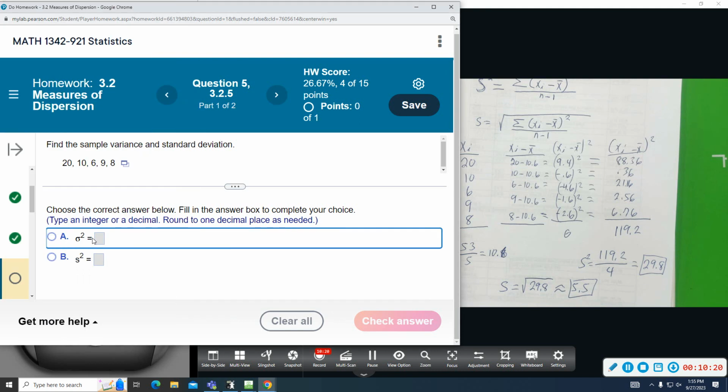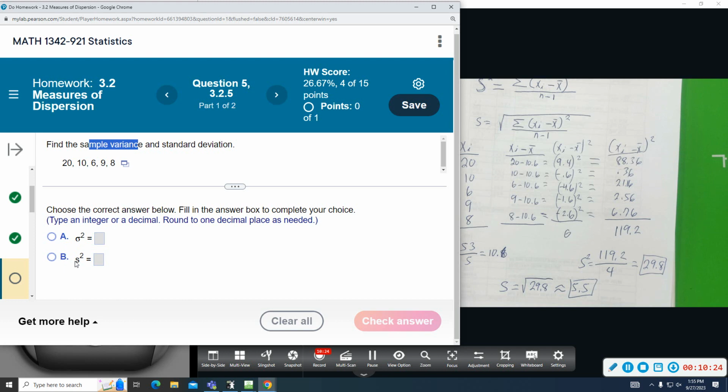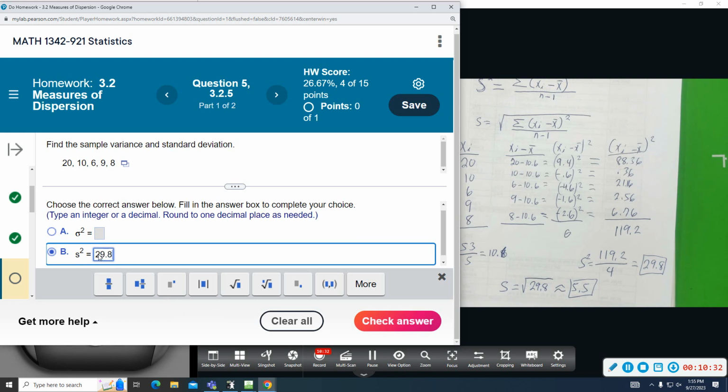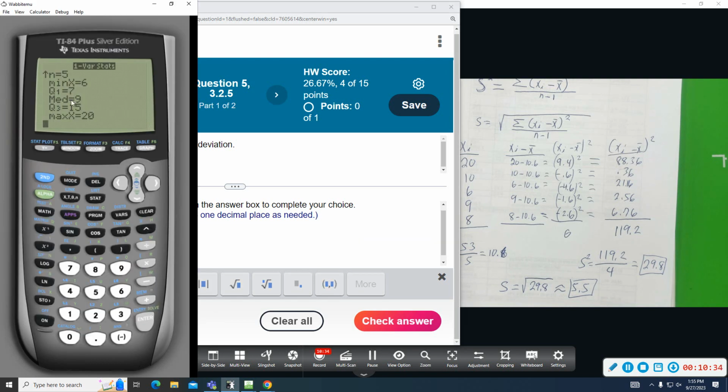So here they want us to find the sample variance. That's going to be S squared. We computed that. We got 29.8. With this calculator, once you compute the statistics, you can recall this number and square it to get the variance.